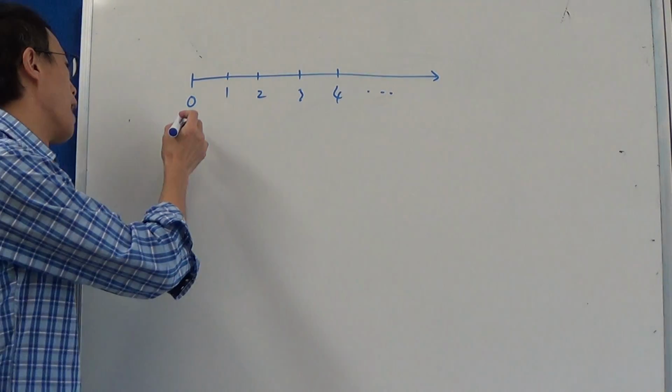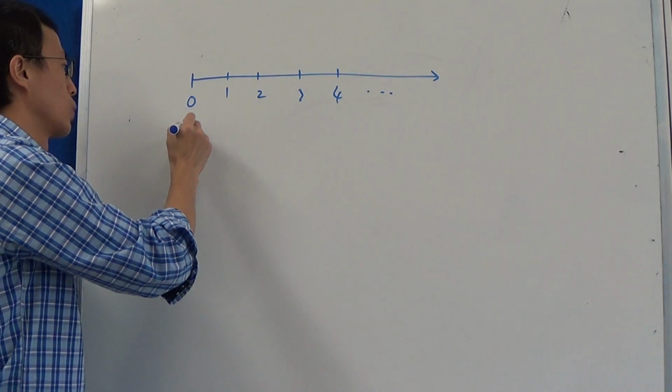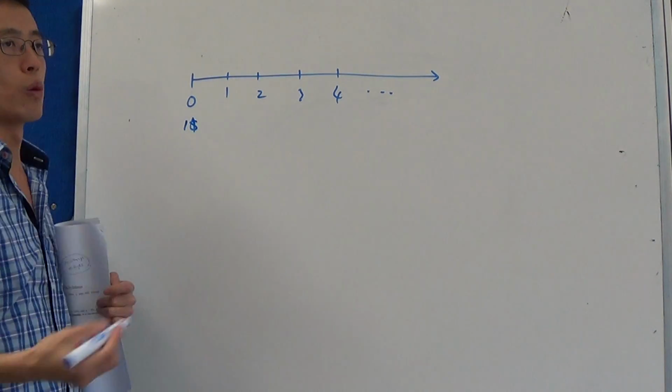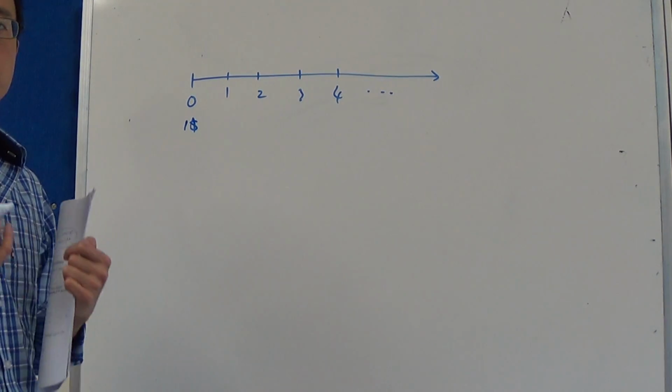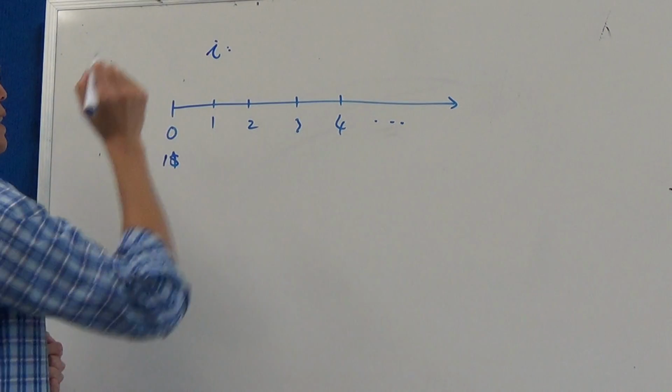Suppose at present I have $1 in hand. Then I can invest this $1, say deposit it in the bank or invest in the stock market, buying bonds, etc. And the interest rate or discount rate is i.